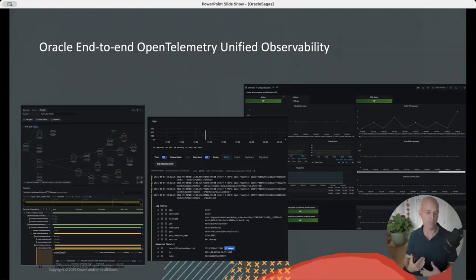So we, of course, have OCI O&M, APM tools that are very intelligent, but also we support all of the open source tools. So as you see here, Grafana, going from right to left, you have metrics. You might drill down from the metrics into the log. The logs automatically find the open telemetry tracing ID. Here we're using Jaeger. And then you can drill down into Jaeger and see from the front end all the way into the database.